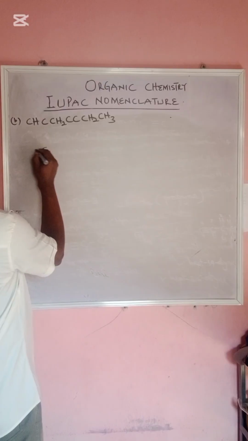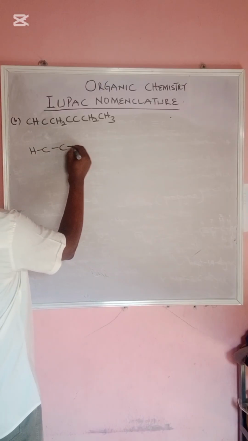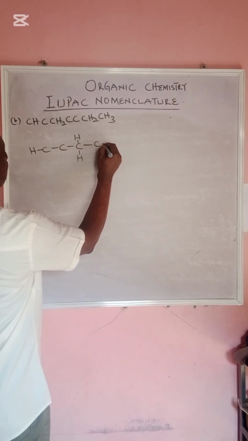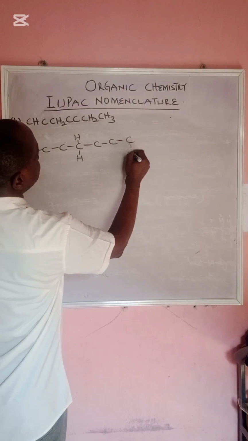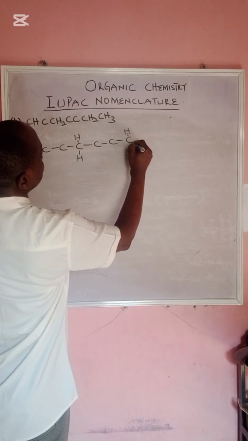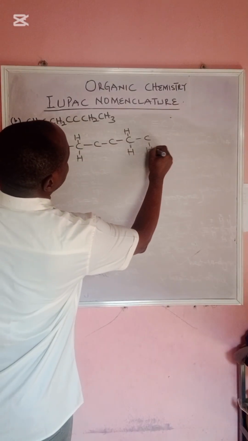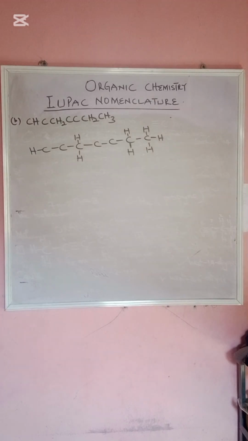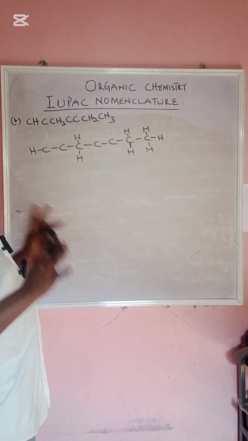I will say hydrogen here, another carbon, 2 hydrogen, another carbon, then hydrogen here, then another carbon, then 3 hydrogen. That is what you have. And remember, carbon is tetravalent. You have to check. And you cannot add hydrogen, you can add bonds.